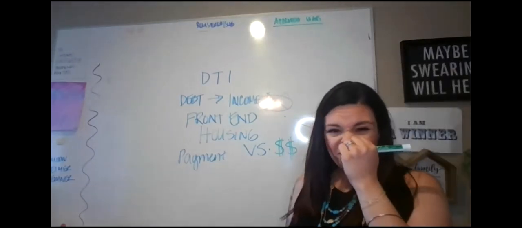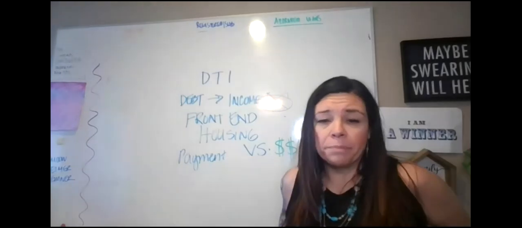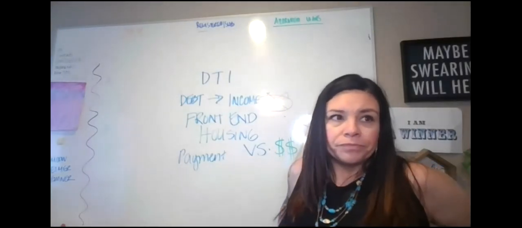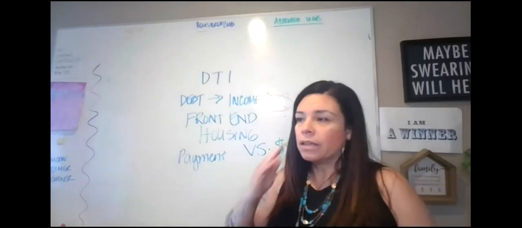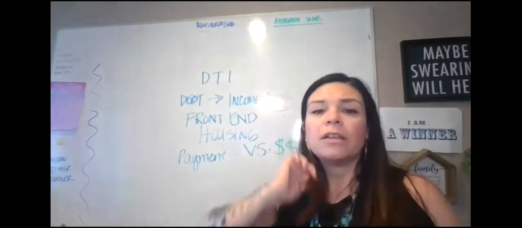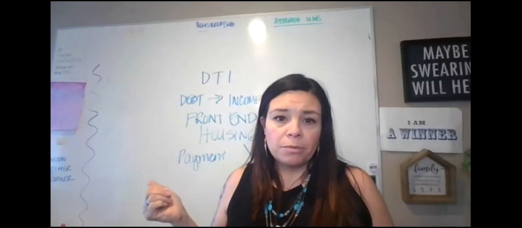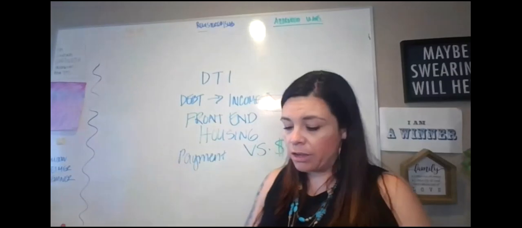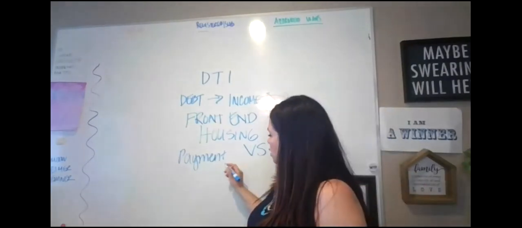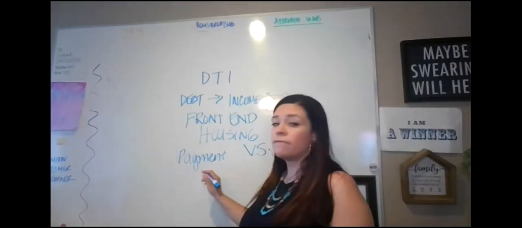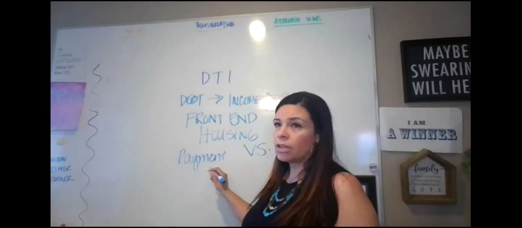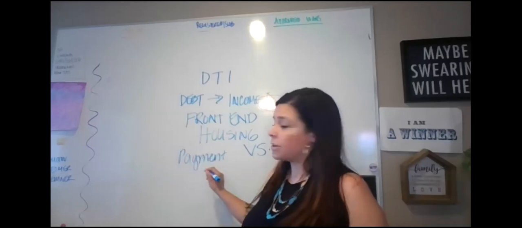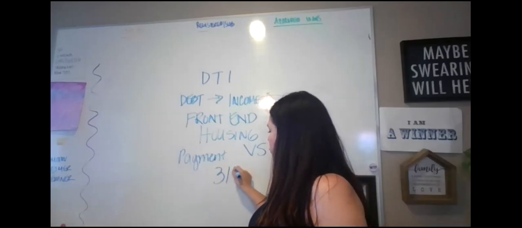Okay. There are some rules of thumb. They're overlaid right now, but the higher the credit score, typically the more likely you are to get an approval with a higher front end housing ratio. Normally for conventional, you're almost going to be guaranteed approval with a front end at 31%.